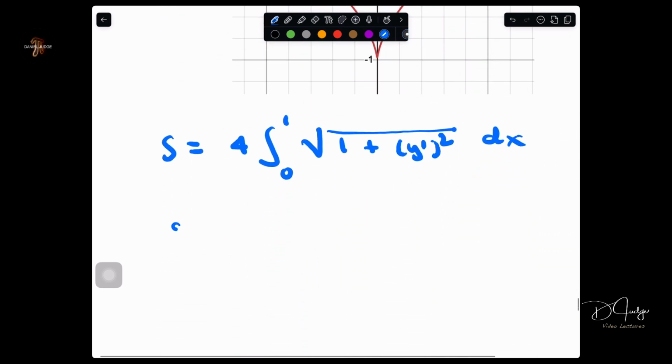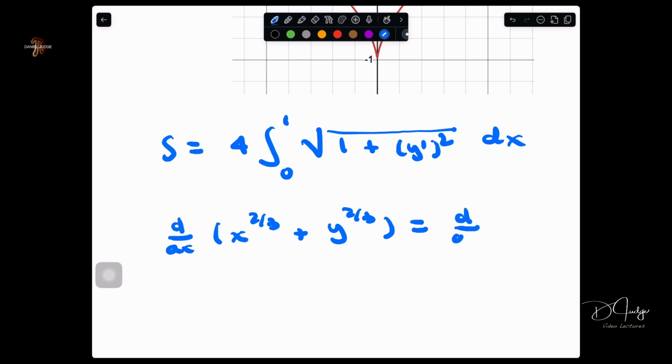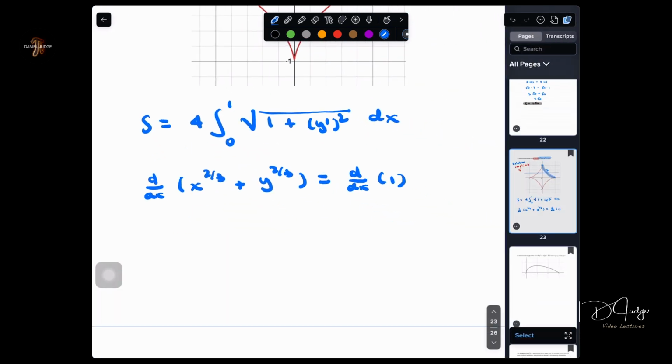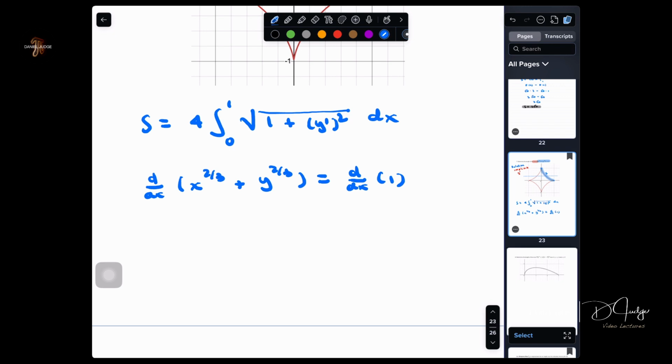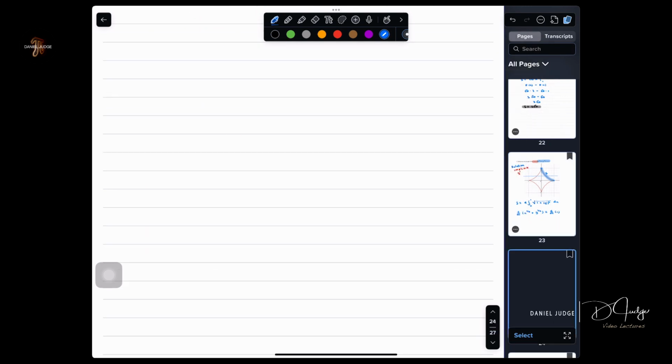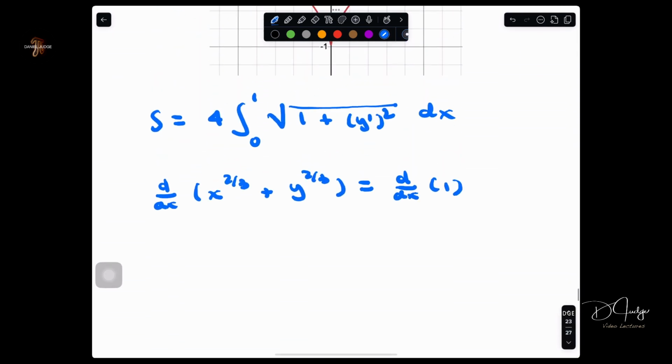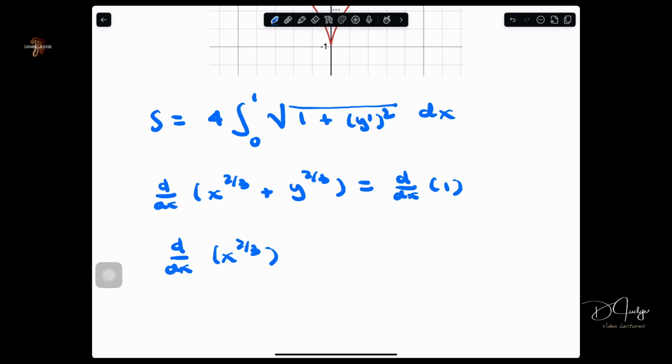So d/dx of x to the 2/3 plus y to the 2/3 is d/dx of 1. Okay, so the derivative of a sum is the sum of derivatives.